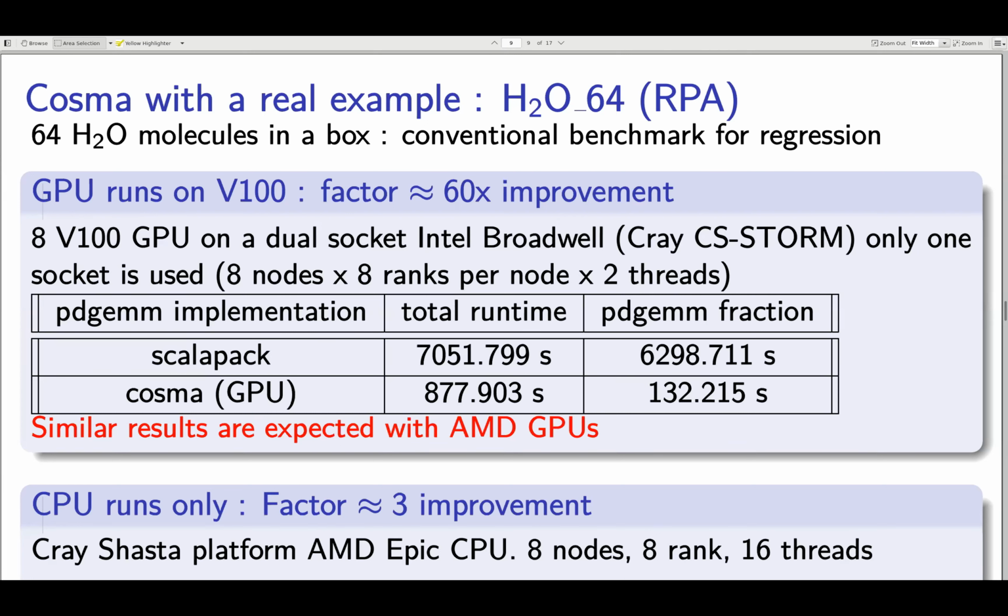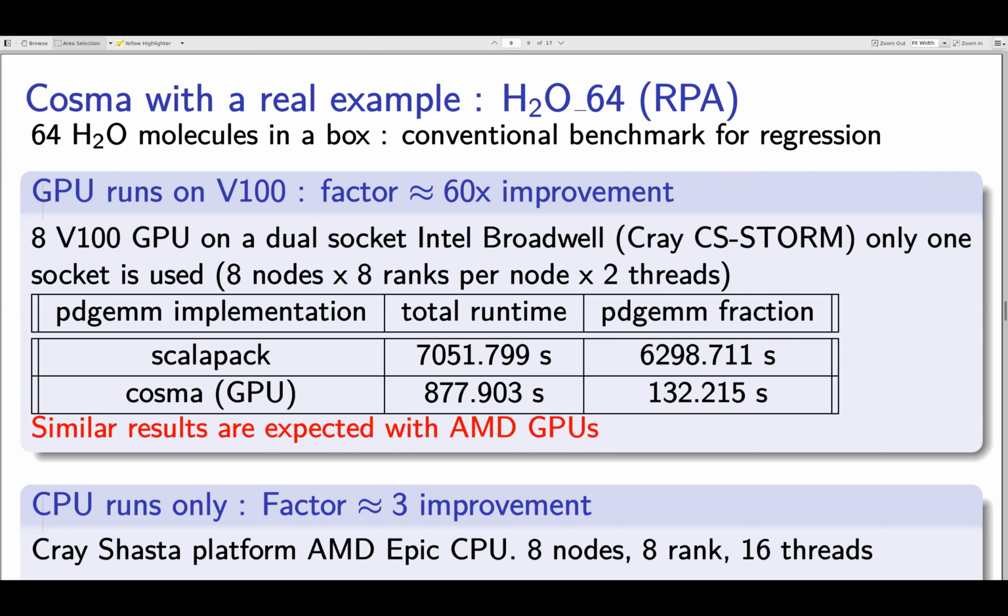The other thing is that you can run the same simulation on AMD GPU, and what you would get are results that are very similar to V100.